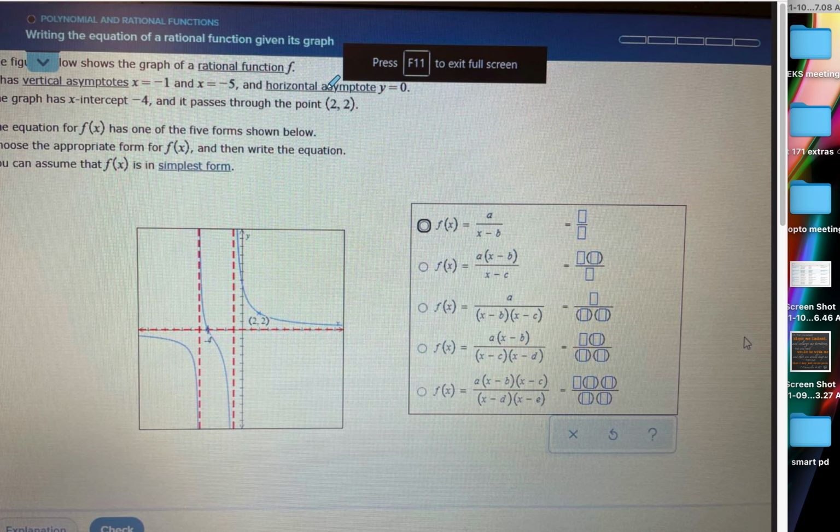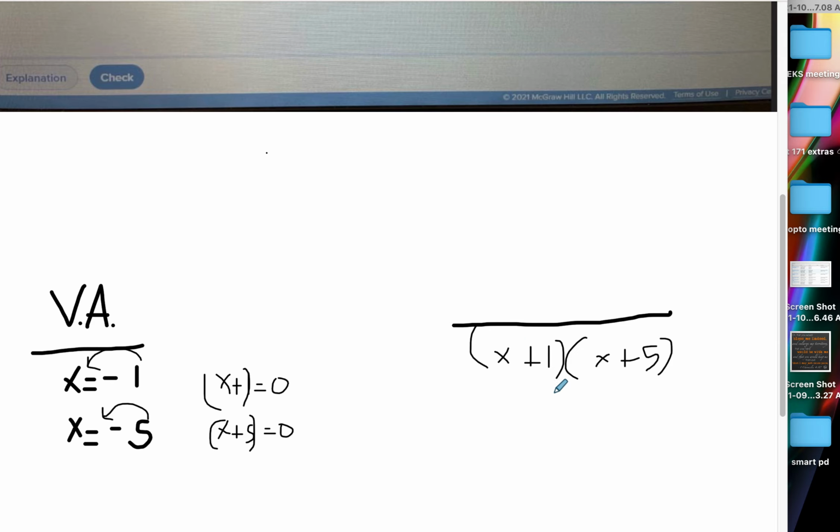We've got a horizontal asymptote at y equals 0. Now that specifically means that on the bottom, if I multiply this through, I'll have x squared, which means on the top, I either need to have an x or I don't need to have anything.